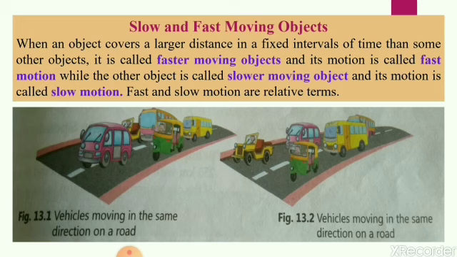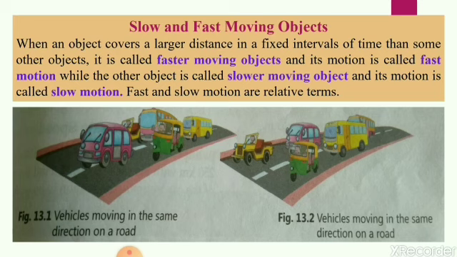Bicycle is taking longer time, that is 20 minutes, to cover 4 kilometer, and bus is taking shorter time, that is 5 minutes. So bus is moving faster because it is taking shorter time, while bicycle is slower because it is taking longer time.